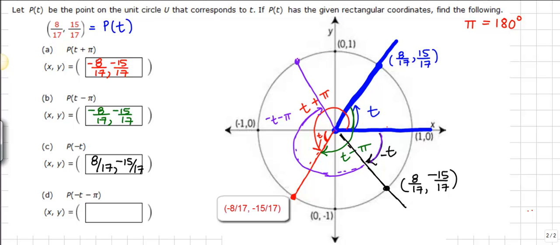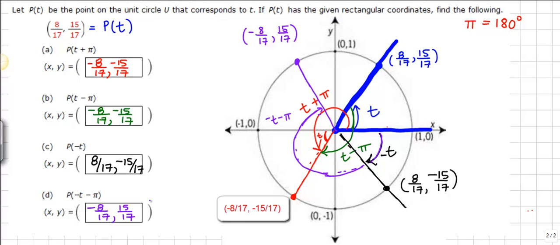Then this would mean that my ordered pair is negative 8/17, comma, positive 15/17, and that's what I put in the box here with the comma in between. The ordered pair is the answer.